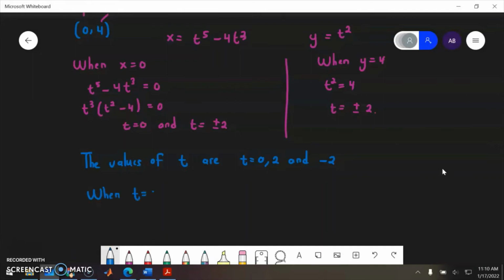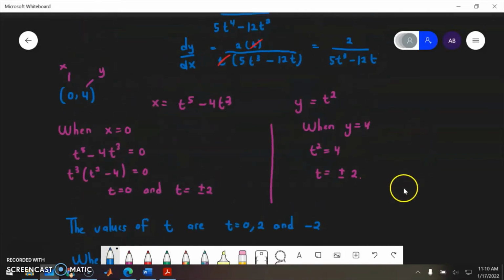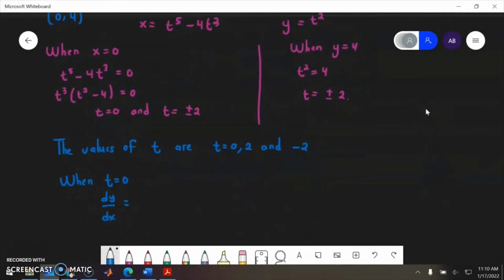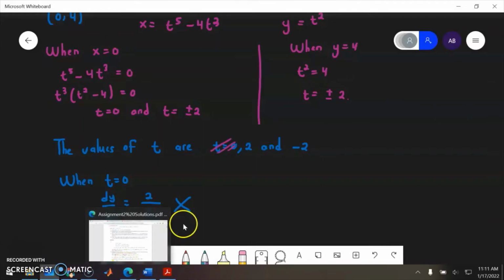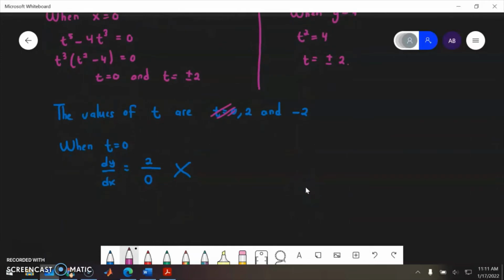When t equals 0, dy/dx equals the equation that you found from the derivative, which is 2 over 5t cubed minus 12t. Look at what happens when t is 0: I get a term involving 2 over 0, so you cannot divide by 0 here. So we cannot consider t equals 0.